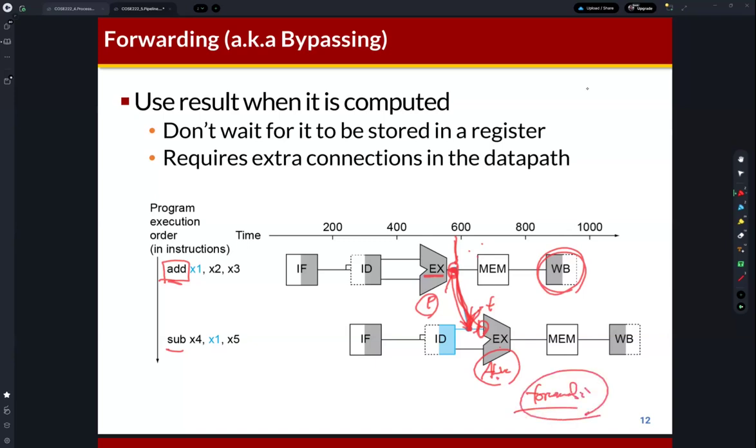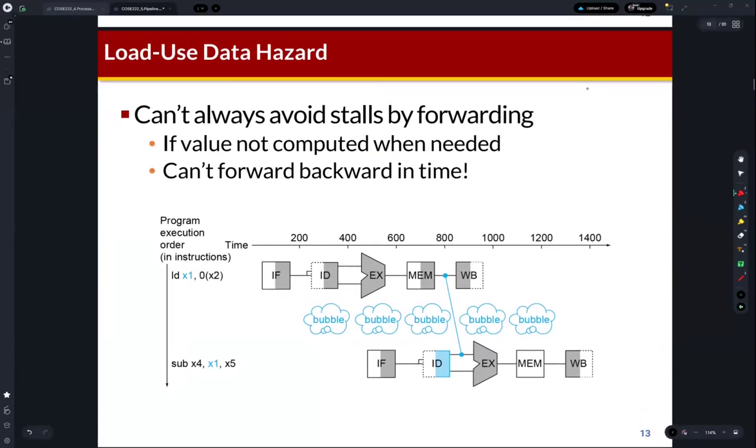Okay. So using data forwarding, we can handle the data hazard issue caused by data dependencies. But if the former instruction is a load instruction, then the data is generated at this point. If the sub instruction is here, then execution is here, so the data is required at this time.